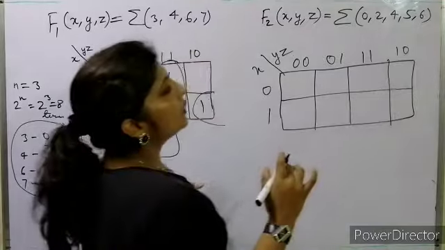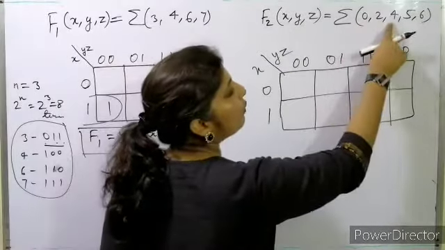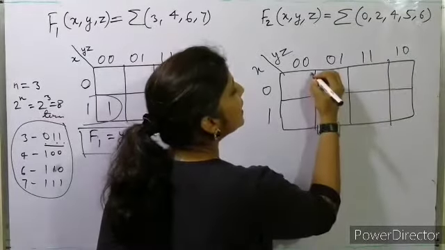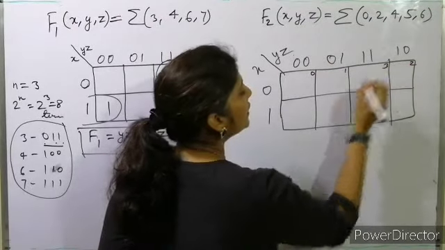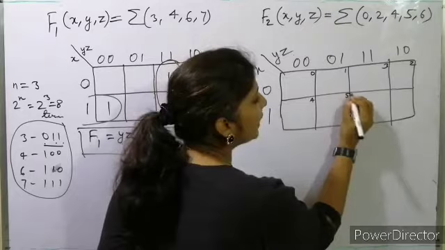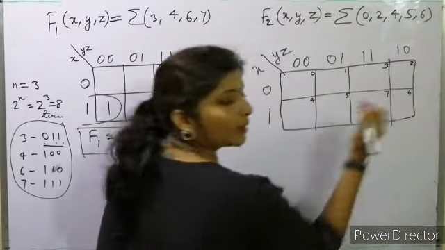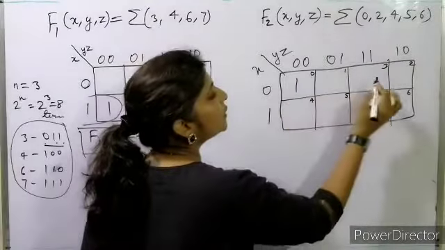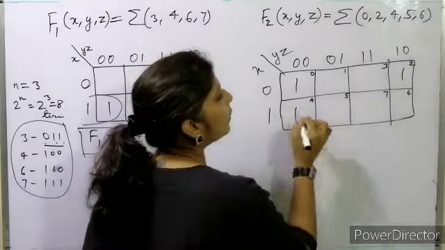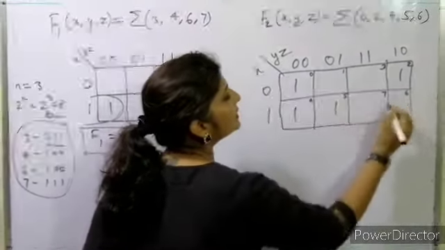Okay, now 0 2 4 5 6, so this is 0 1 2 3 4 5 6 and 7 होगा. Okay, now 0 2, 0 में 1, 2 में 1, 4 1, 5 में 1 and 6 में 1.